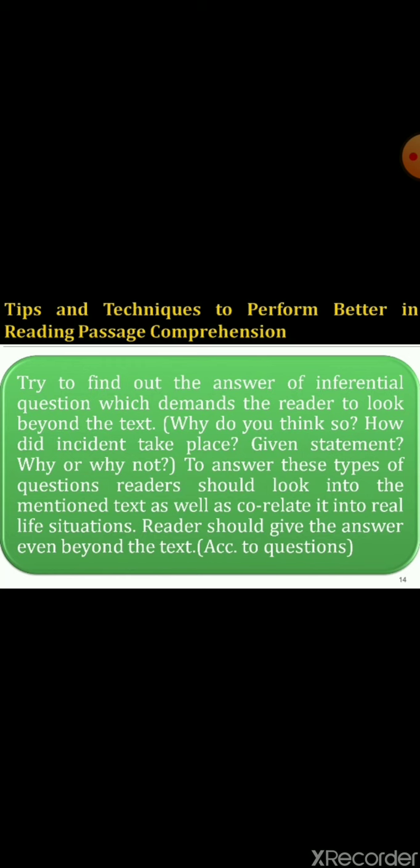So this is known as reading beyond the text. You need to correlate the facts given in the text with your own experiences. Readers should give the answer even beyond the text according to the question. You need to develop that skill.